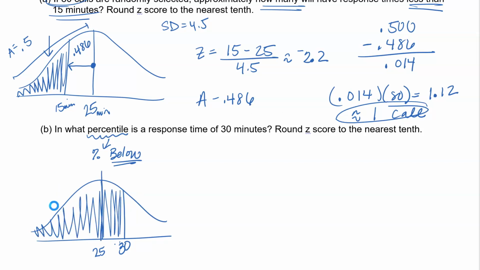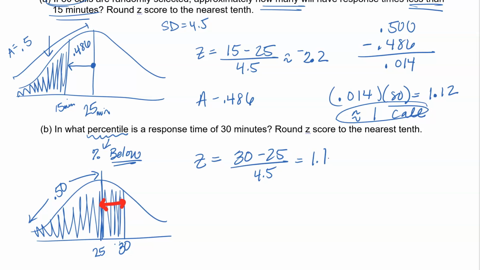Now I know that 0.50 is the area of everything to the left of the average. I need to know the area between 25 and 30. I'm going to use the chart in Appendix A, and find the z-score for 30. So 30 minus the average, divided by the standard deviation, 4.5, is equal to about 1.1.